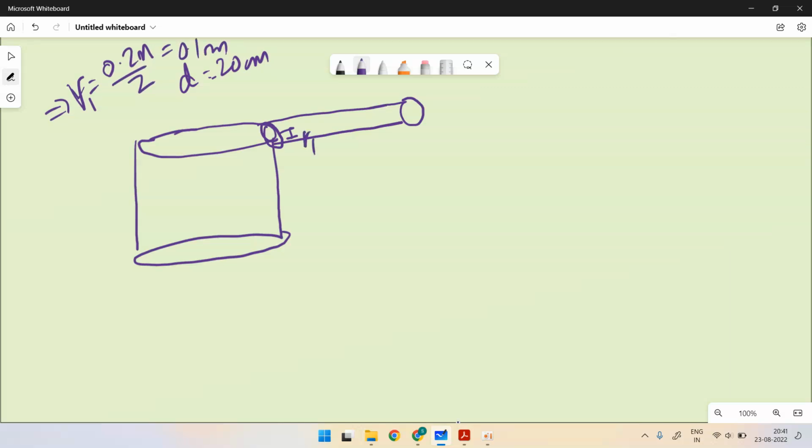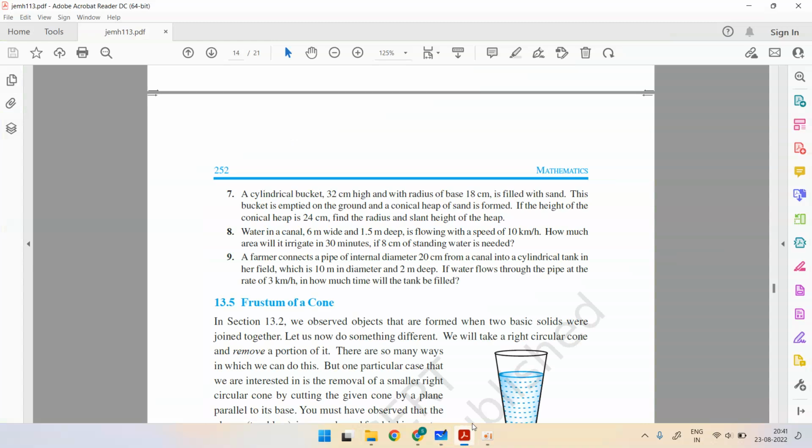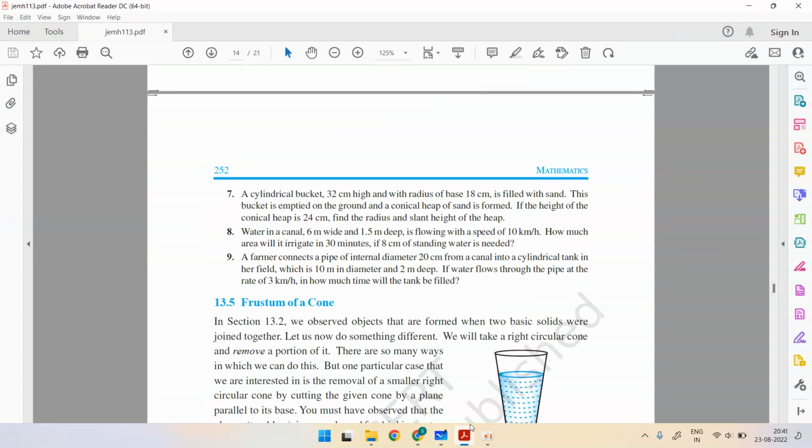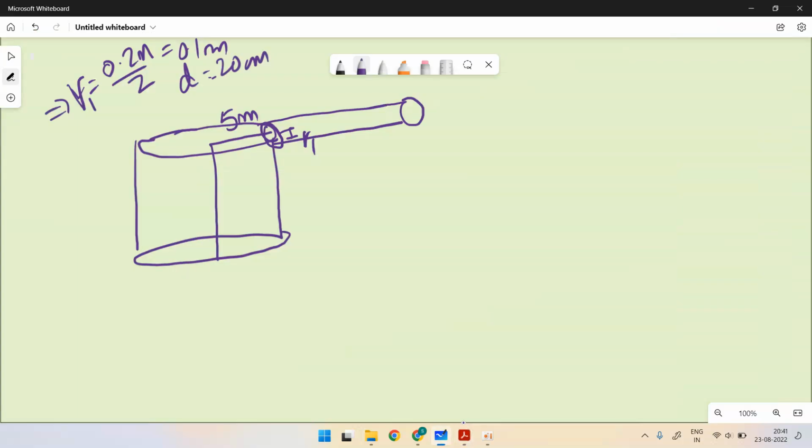Suppose this is R1. The tank, which is 10 meter in diameter, means 5 meter in radius, and the height will be 2 meter deep. This is R2. You can say this is H2.